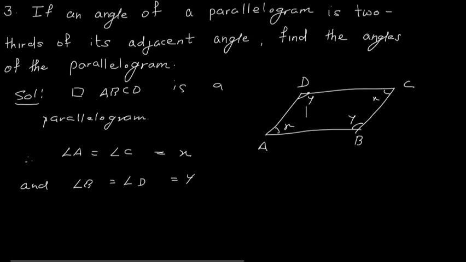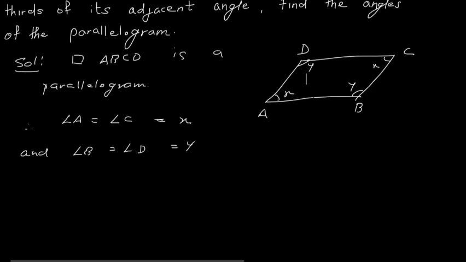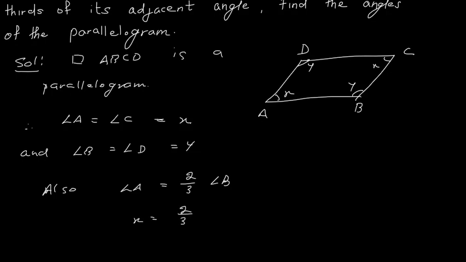Now, an angle of the parallelogram is 2/3 of the adjacent angle. What is given? Angle A is 2/3 of angle B. That is, x is 2/3 of angle B. Angle B is y, so x is 2/3 of y.